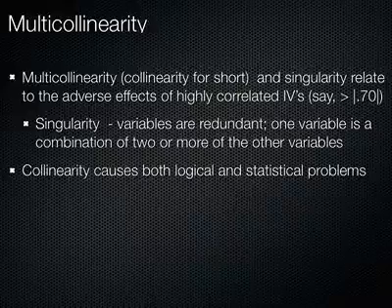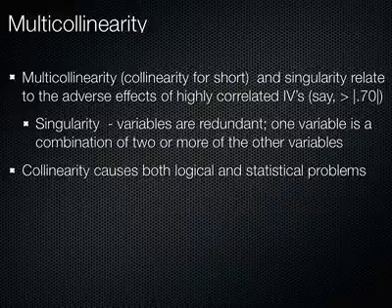So multicollinearity, or I think some people call it collinearity for short. This is the way I was taught: multicollinearity, collinearity for short. Some people refer to collinearity as just being 2 variables, multicollinearity as being greater than 2 variables.